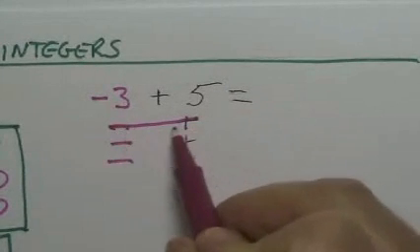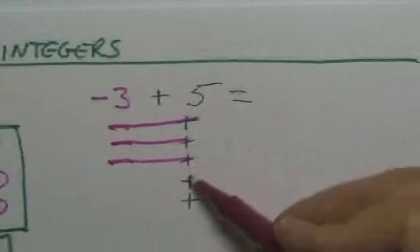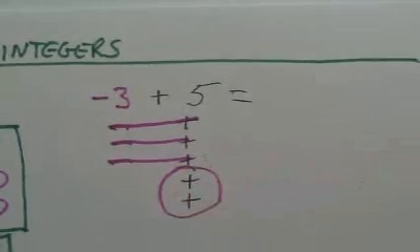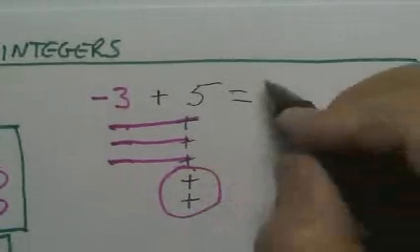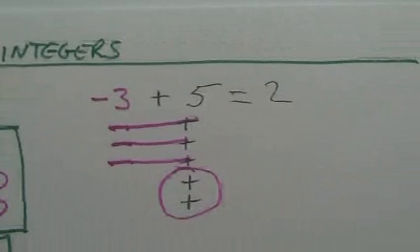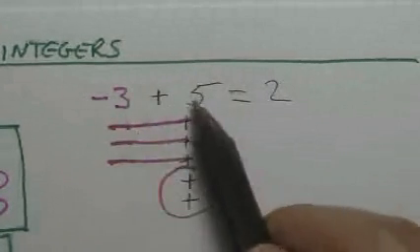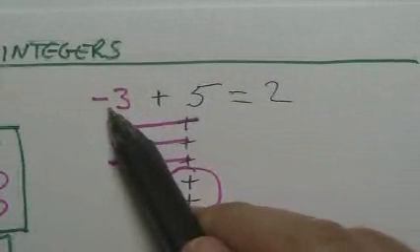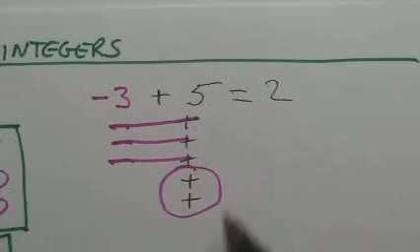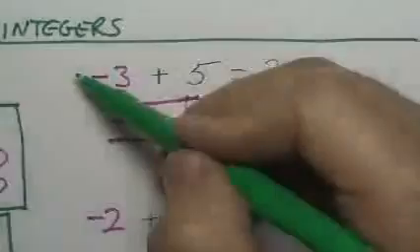Negative 1 and positive 1 is 0. That's 0. That's 0. What are we left with? Positive 2. 2 positives. Positive 2 is your answer. And that makes sense. There's more positive. They're different signs. 5 take away 3 is 2, and there's more positive. Positive 2. And I'm going to box that in.